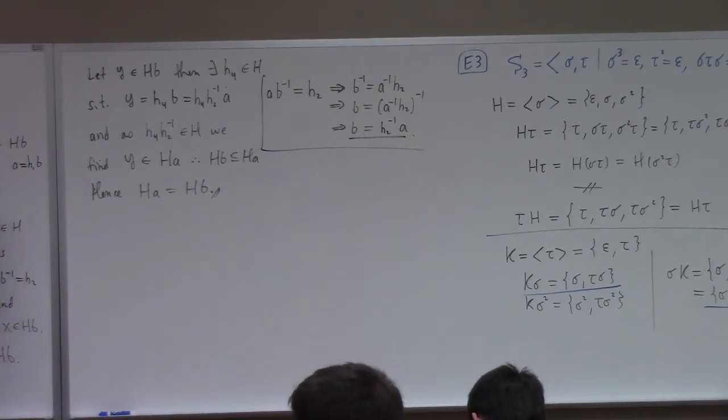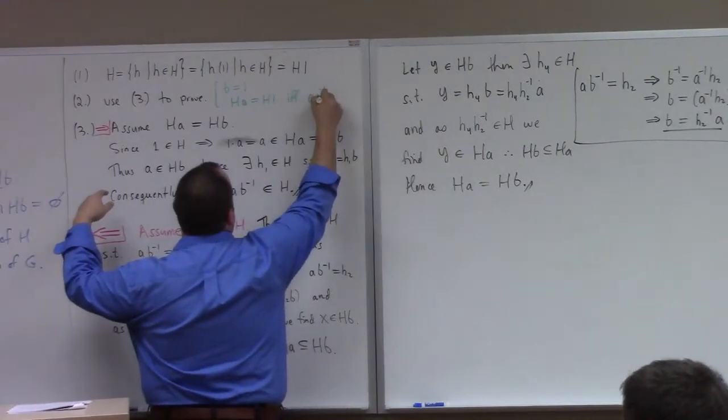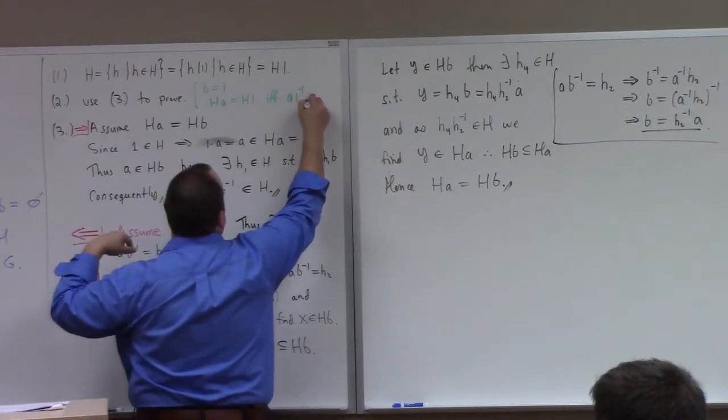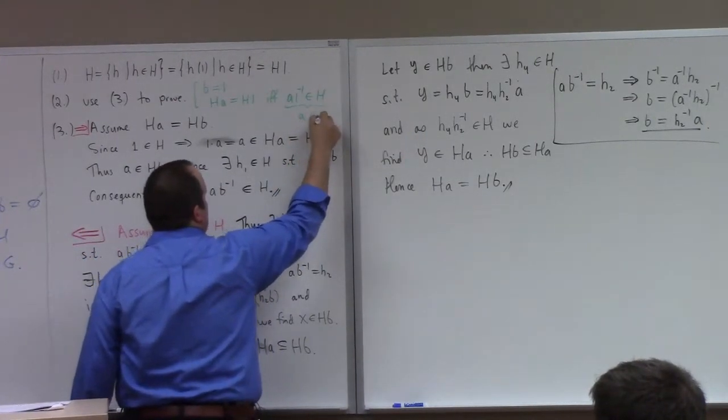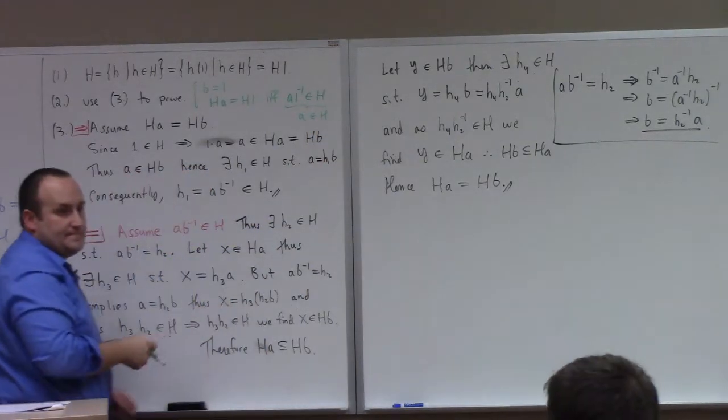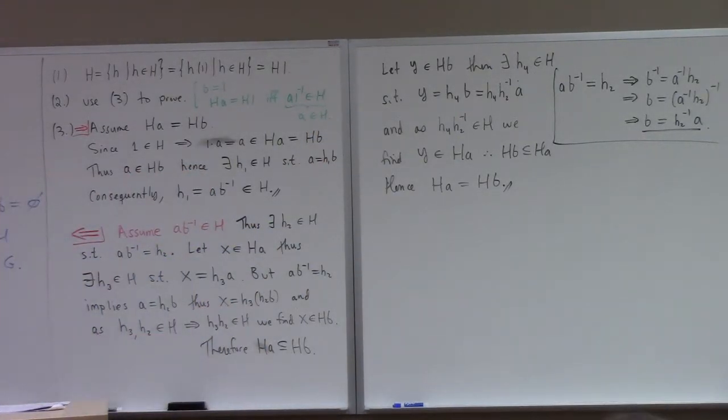So we have HA equal to H1 if and only if what? Using 3, A 1 inverse is an element of H, right? So this is a horrible way of writing A as an H. So there you go, that's 2. 2 is easy once we have 3.